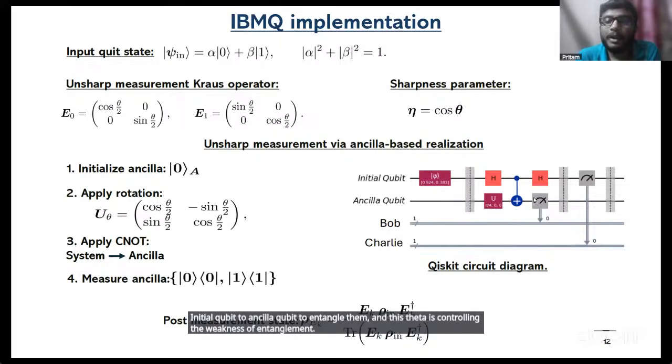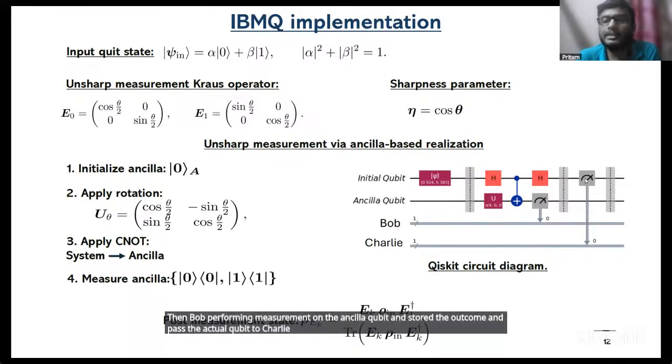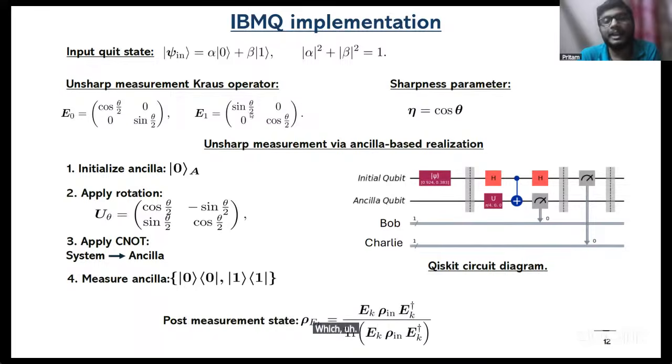Then Bob performs a measurement on the ancilla qubit, stores the outcome, and passes the actual qubit to Charlie, and Charlie then performs the sharp measurement. If we do that, we can see that Charlie always gets the correct post-measurement state, which Charlie should get analytically using these Kraus operators.